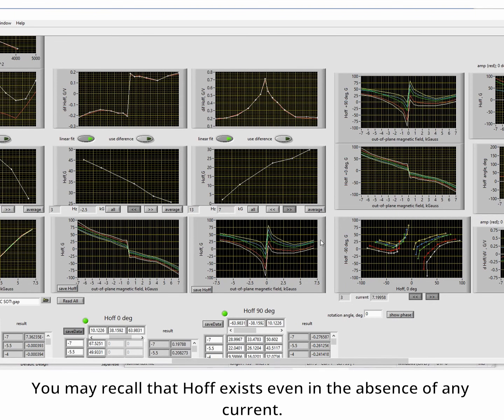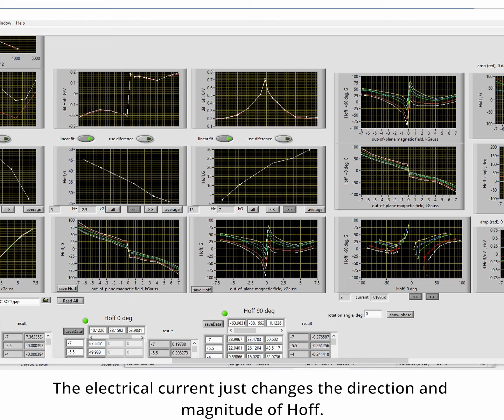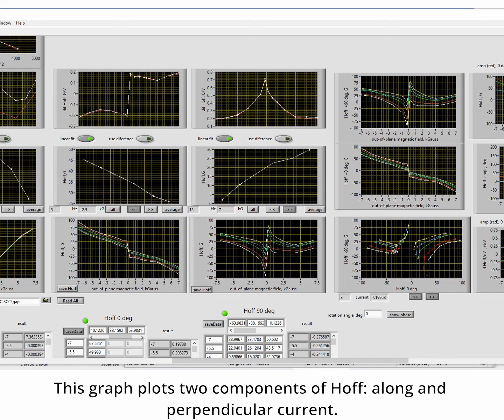You may recall that the offset magnetic field exists even in the absence of any current. The electrical current just changes the direction and magnitude of the offset field. These graphs plot two components of the offset field along and perpendicular to the current.